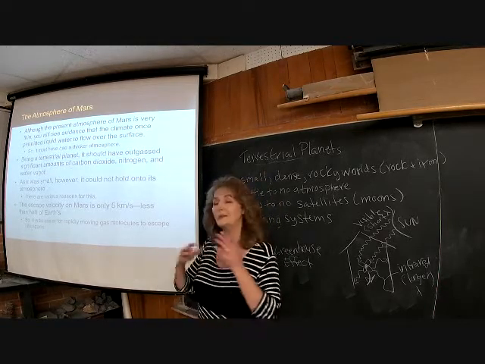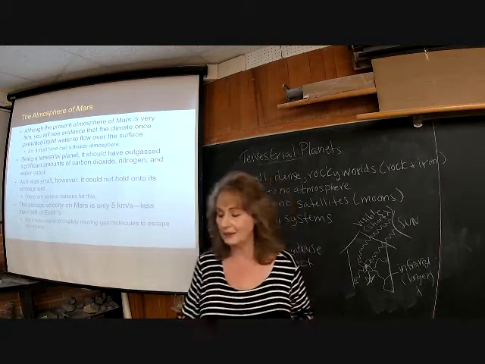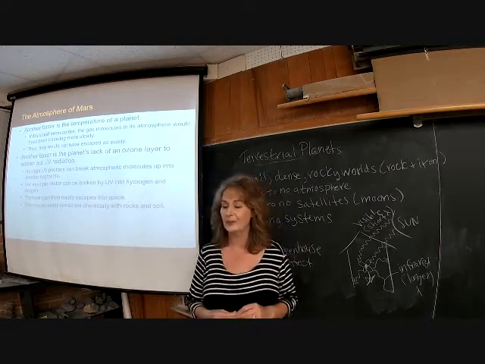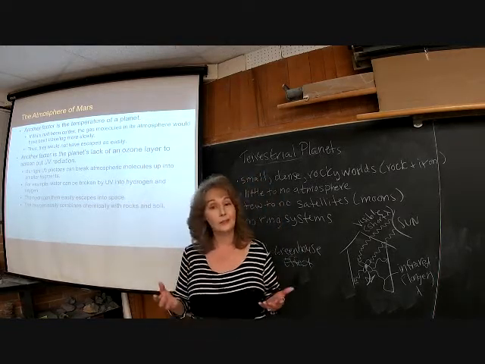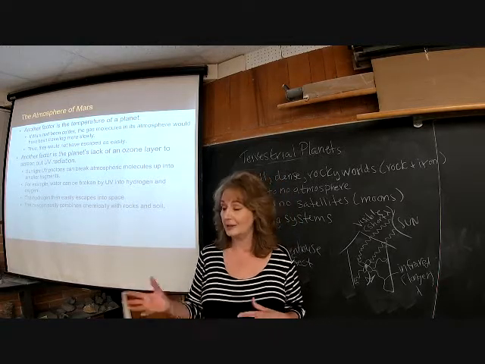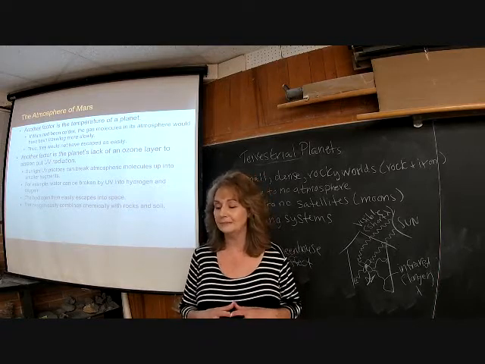And so rapidly moving gases like hydrogen, let's say, are going to escape to space very easily. So it can't hold on to it very well at all. And the temperature of the planet, it's colder, so the gas molecules are traveling a little more slowly.